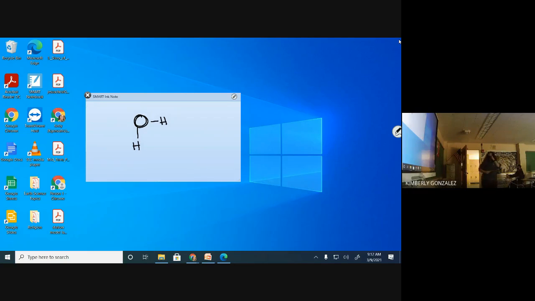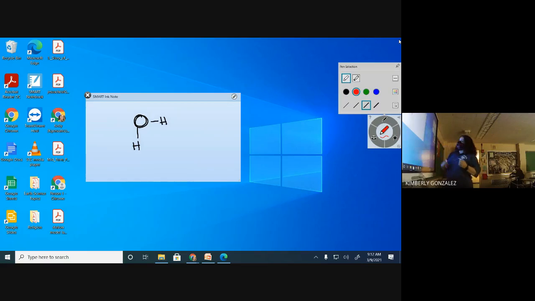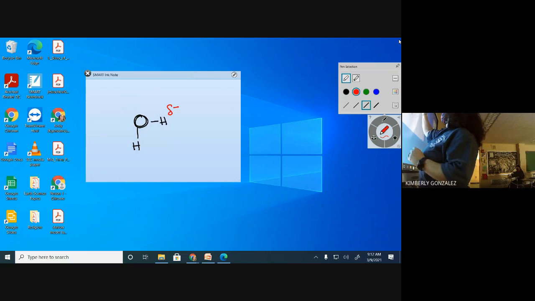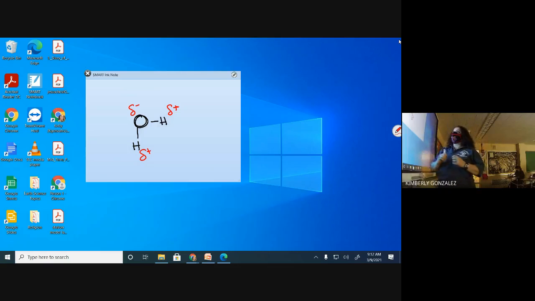Water is going to have charges on it part of the time. Remember, I'm going all chem on you real quick. Those little delta symbols stand for partially, so they're not fully positive and fully negative, but they do have these charges that happen.